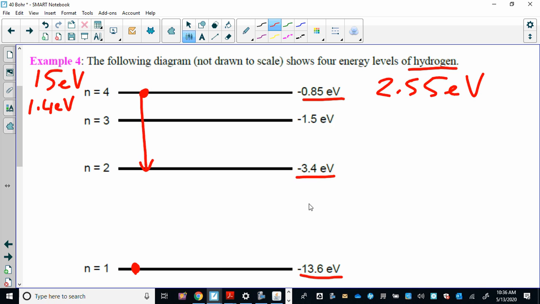Electron volts of energy. So if an electron is in level 4 and it falls down to level 2, it's losing energy. It emits that energy in the form of EMR, which will have that much energy. And then if I want to find out the wavelength, for example, I can just use this formula here.